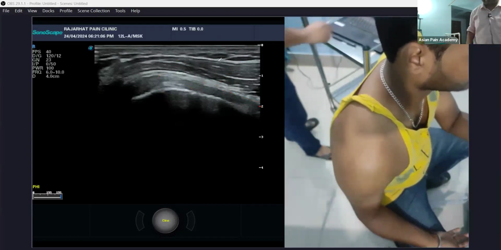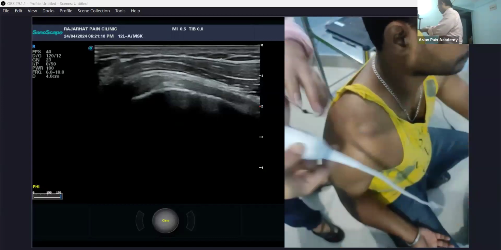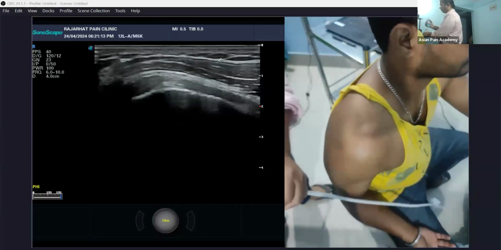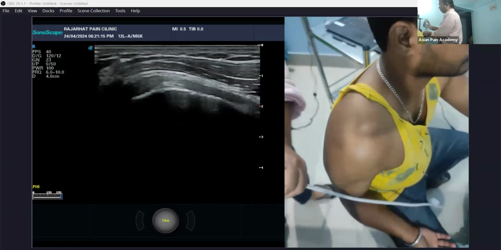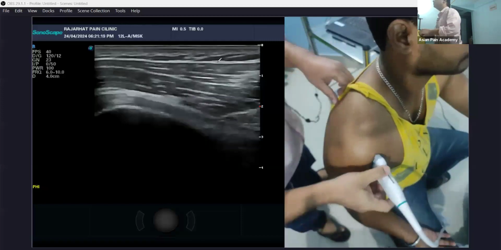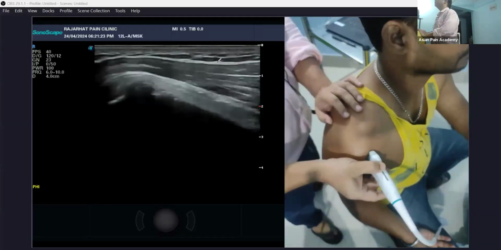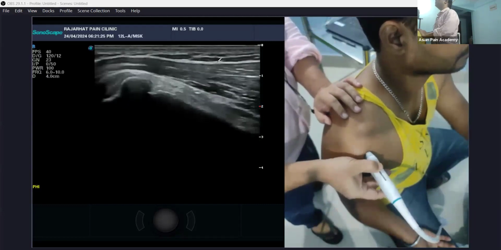Now let us see how far we can see the long head of biceps tendon. Of course, we will not be able to see the complete length, but we can see up to some extent. So this is the long head of biceps tendon.